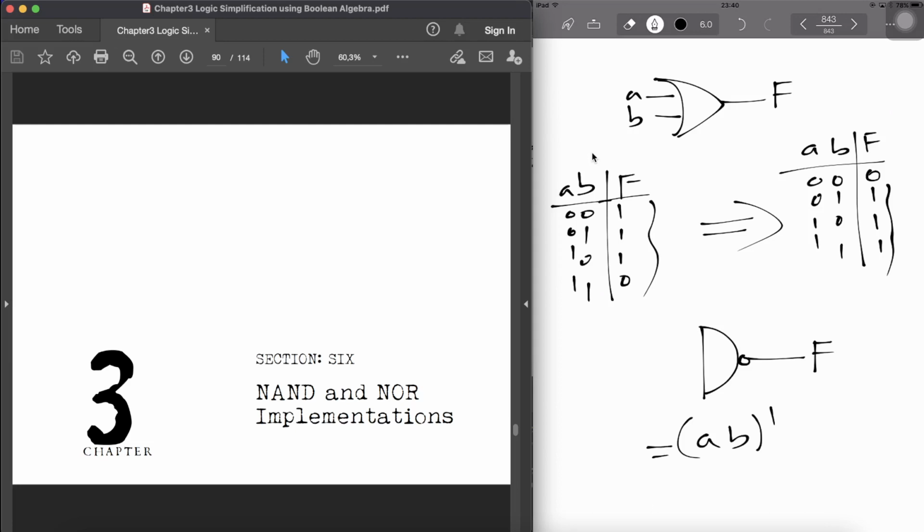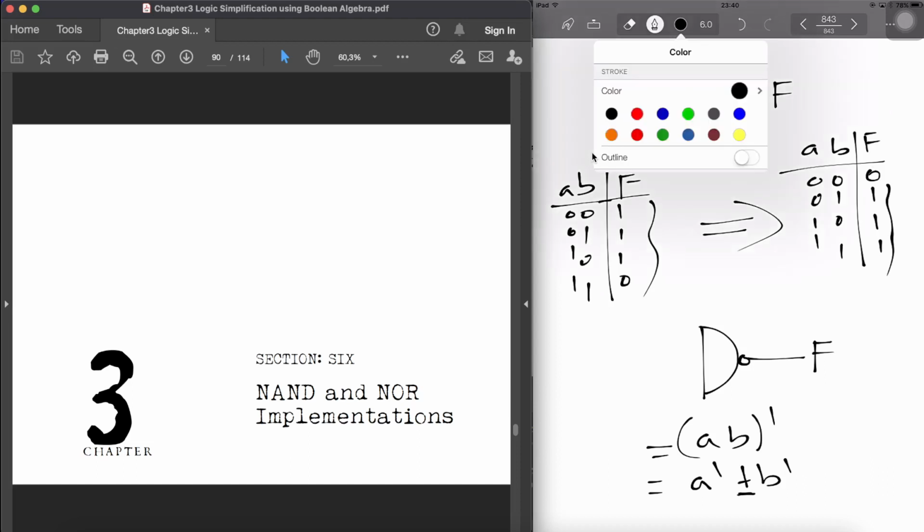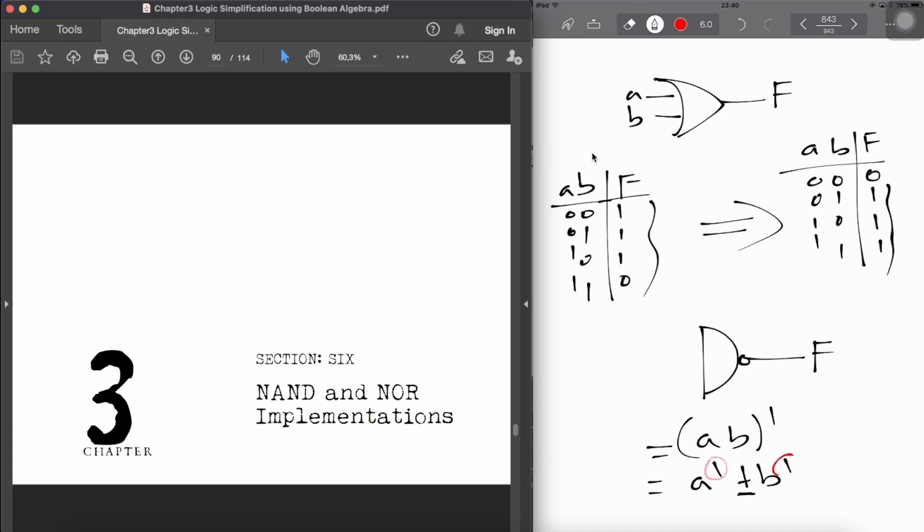Now, if you take the De Morgan of that, this is going to be A' plus B', right? So we have got an OR gate over there already when you take the De Morgan of the NAND. So the only missing part is this is A' and this is B' rather than A and B.